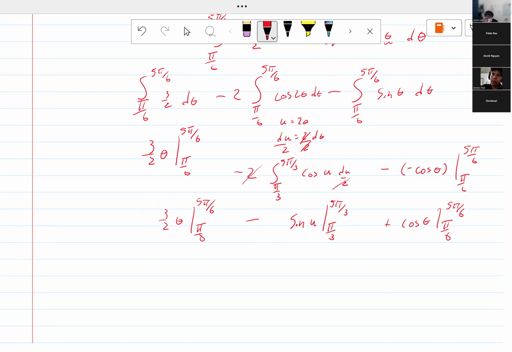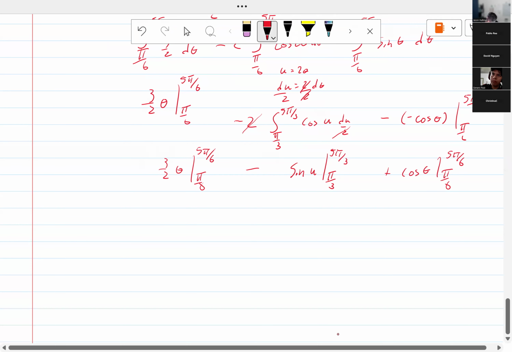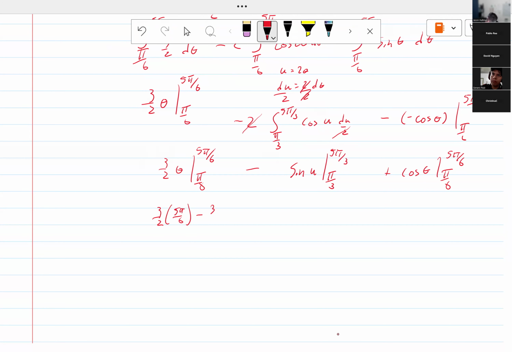Now I just have to put in these values. So this is 3/2 times 5 pi over 6 minus 3/2 times pi over 6, minus the sine of 5 pi over 3 minus the sine of pi over 3, plus the cosine of 5 pi over 6 minus the cosine of pi over 6.